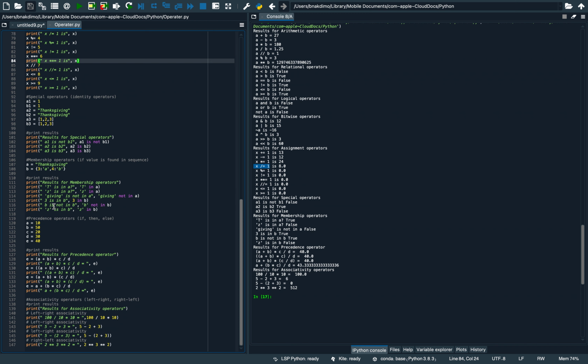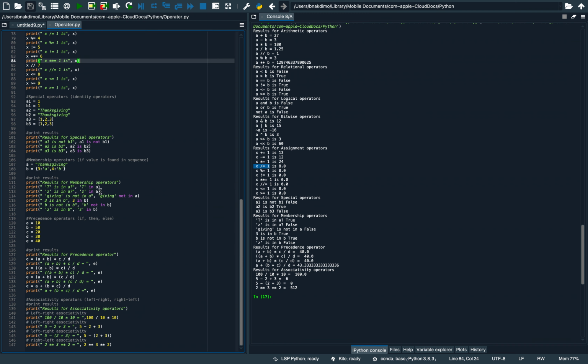The next operator is membership. Instead of using numbers as the value for the variables, I use a string and I use a dictionary. These compare the two, and it's asking, is t in the value in the variable a, and it tells you that's true.